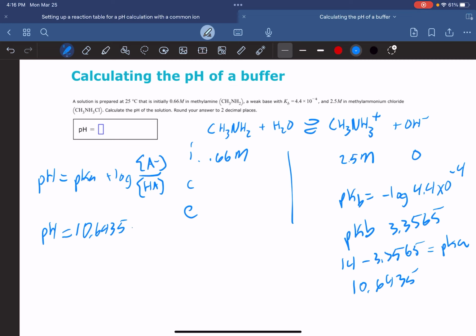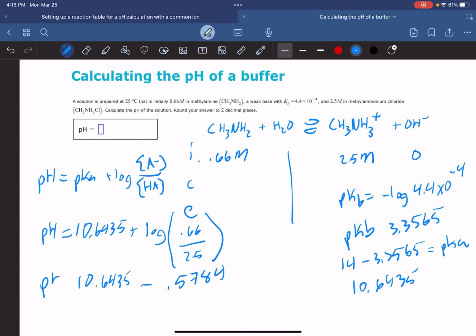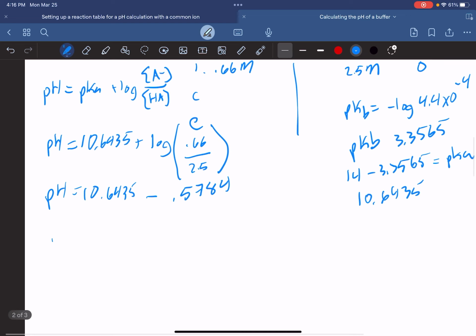Now, if we take a look, when we plug our log values in, we're going to have 10.6435 in here. We're going to add that to the log of 0.66 all over 2.5, which when we do the math on that gives us a negative 0.5784 that we're going to subtract from 10.6435, and my new pH is going to be equal to 10.0651.